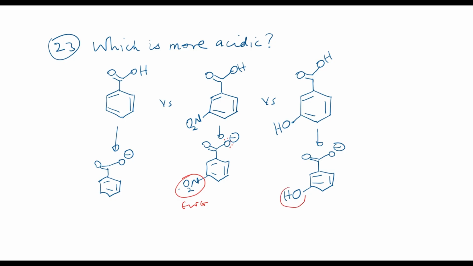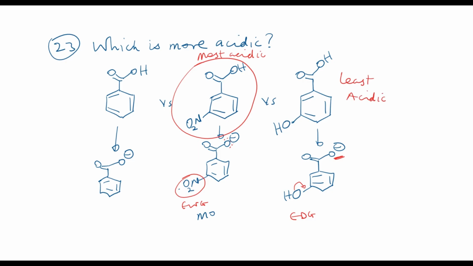Now, for this molecule here, the OH group is a strong electron donating group. So that means the oxygen will be donating electron density into the ring, thereby destabilizing the negative charge here. So the most acidic compound is going to be this acid. And this is the least acidic compound because the conjugate base of that acid is highly unstable.